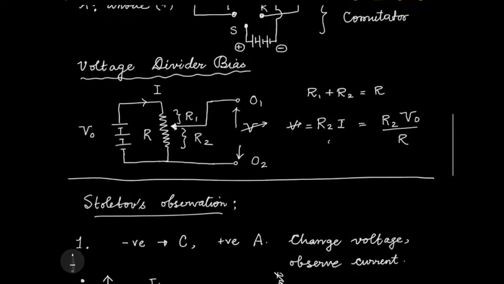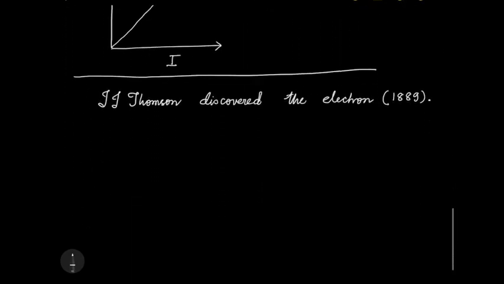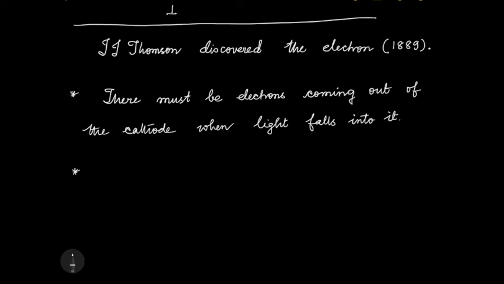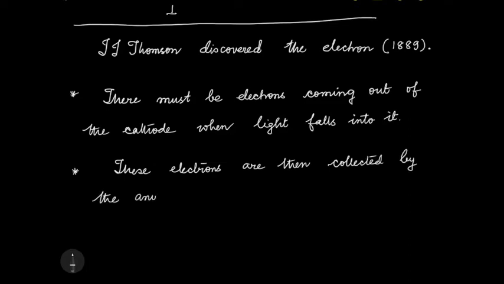So after the discovery of the electron, it was understood that these electrons are collected by the anode, and that produces the current.